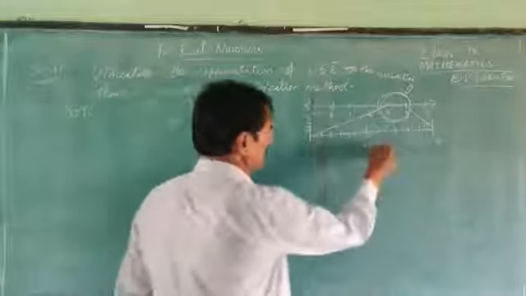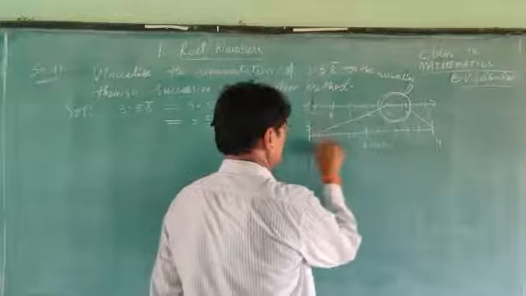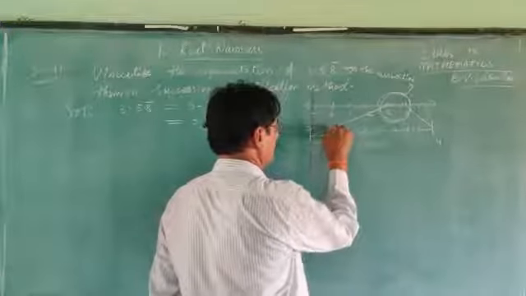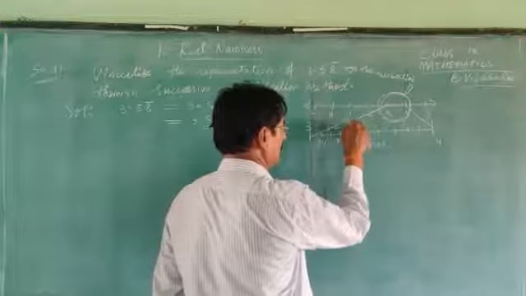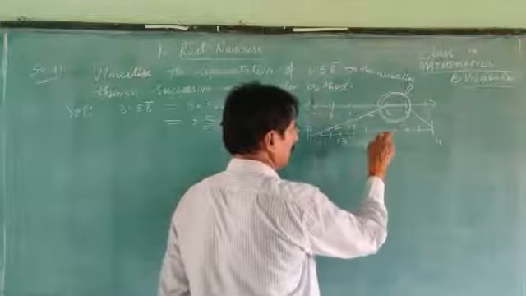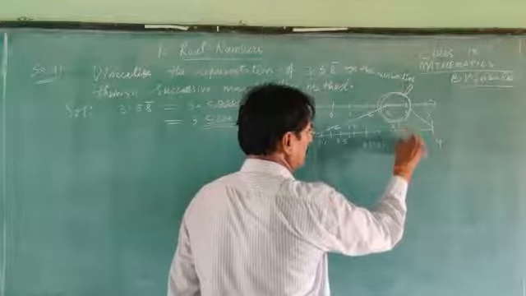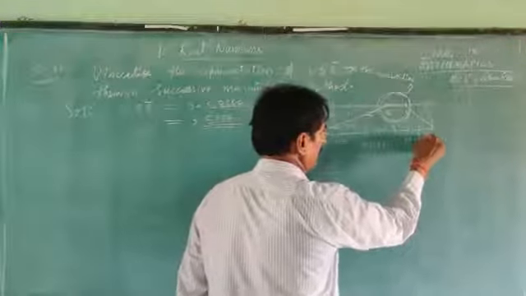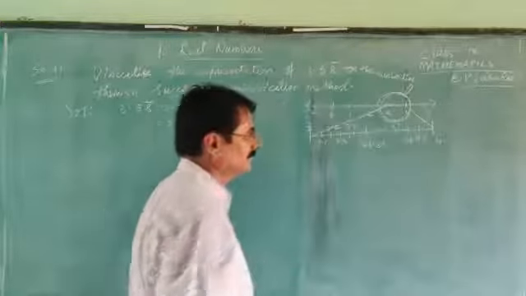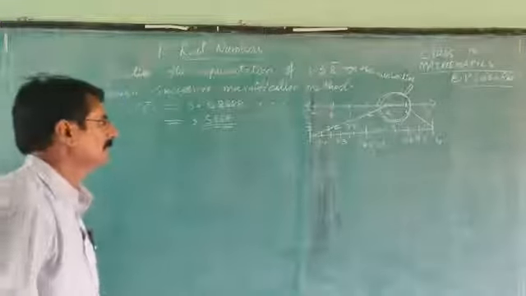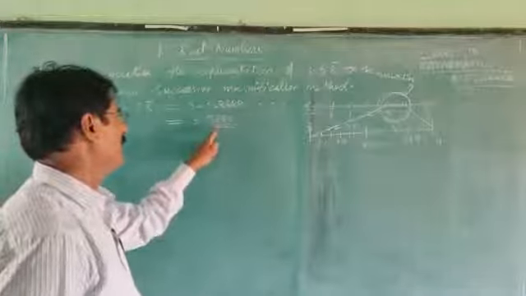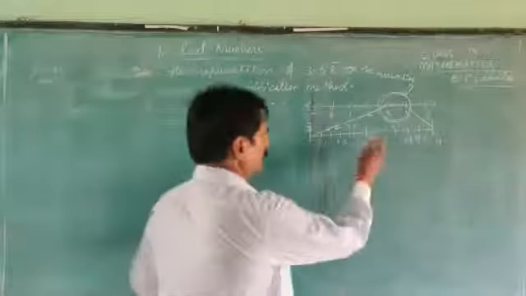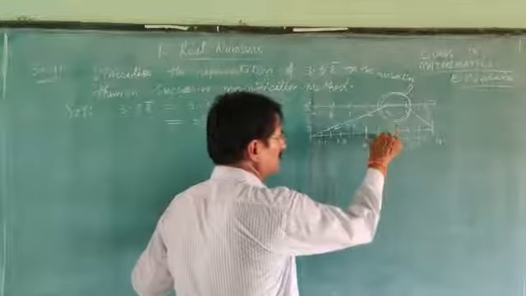Next, it is a 3.6. 3.1, 3.2, 3.3, 3.4, 3.5, 3.6, 3.7, 3.8, 3.9, and next to 4. Now 3.588 is more than 3.5 and less than 3.6.